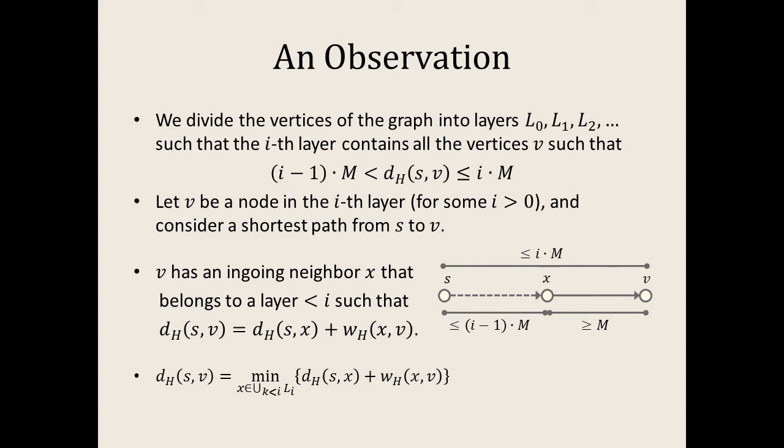Let us look at some node v that belongs to some layer i, and consider some shortest path from s to it, as we can see here. Note that since v belongs to a positive layer, its distance from the source must be greater than 0, and so there must be a vertex x that precedes it in this path.